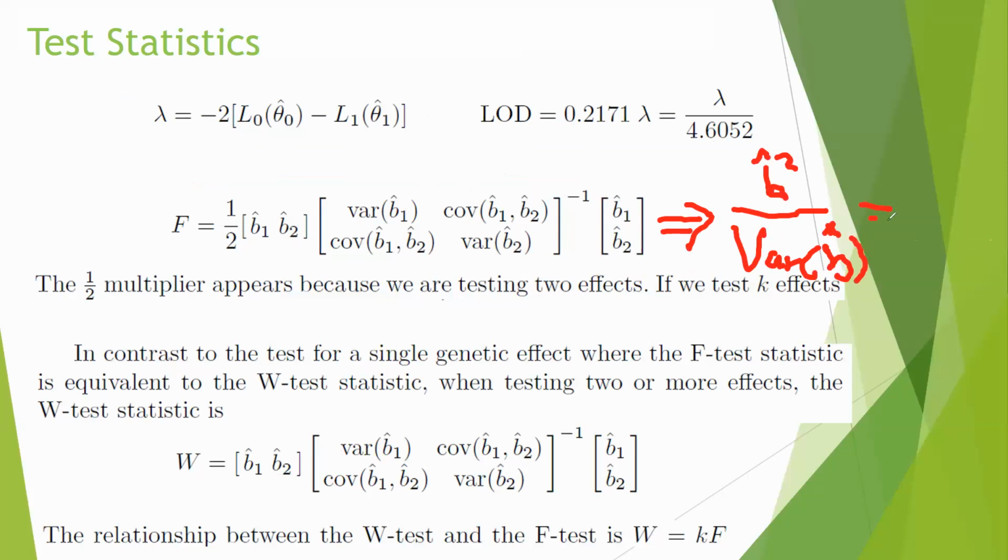And this is actually the signal to noise ratio. So by doing this, we can test if the genetic effect estimated from the data is significantly different from 0 or not.